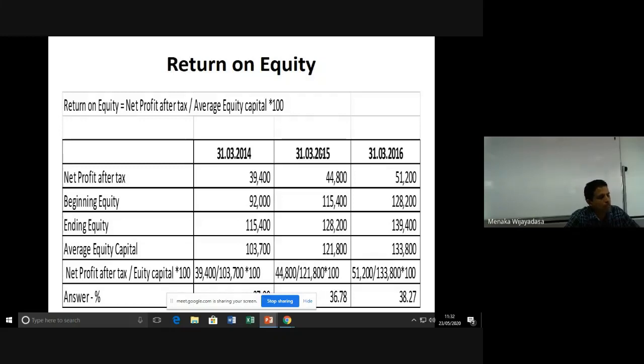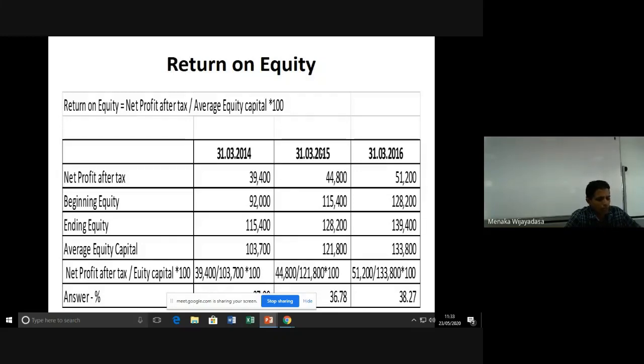If it is a positive reserve, you add it back. But in the case of this company, at the end of 2013 they had a negative reserve of 20,000. Therefore, you add stated capital of 112,000 and reserves of negative 20,000, altogether 92,000. Then, for the ending equity in 2014, you go to the statement of financial position, under capital and reserves.